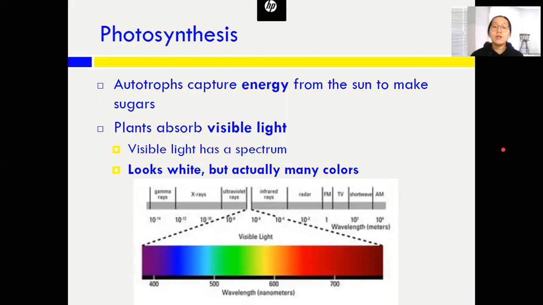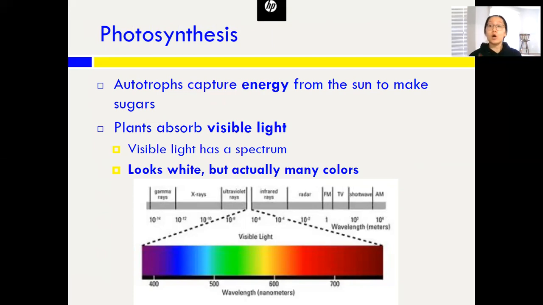Photosynthesis is when autotrophs capture energy from the sun, or sunlight energy, to make sugar. Sugar is how plants store the energy so that they can access it, or so that we can consume it to access it. Plants will absorb visible light, and visible light actually has a spectrum. It looks like white light, but there are actually many, many colors, and all the colors combined together bounce off and react with, for example, our eyeballs, and we see a white light.